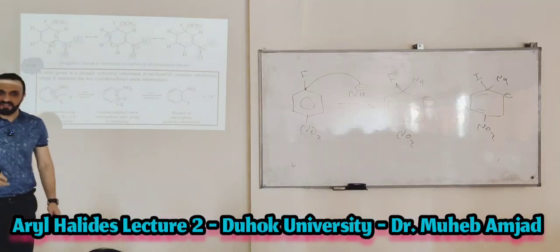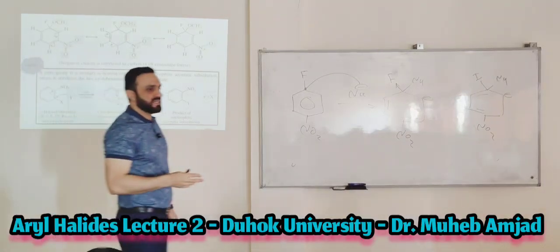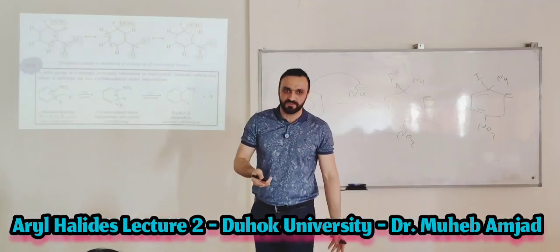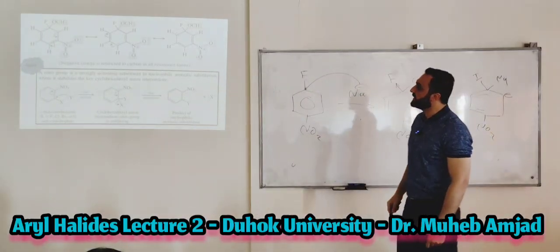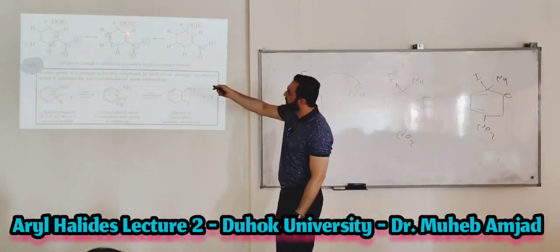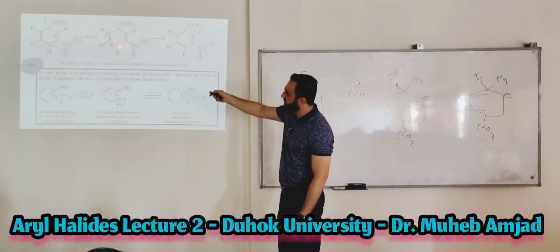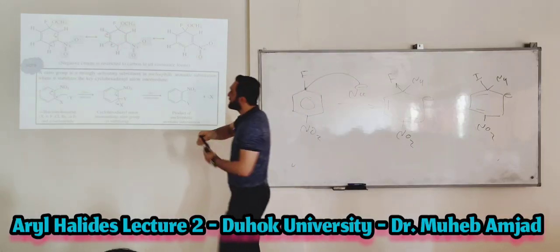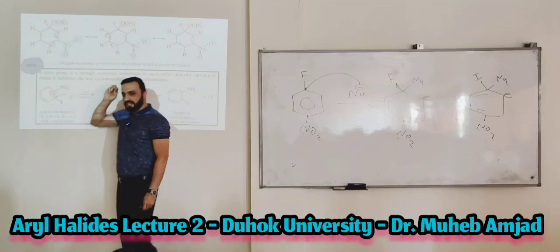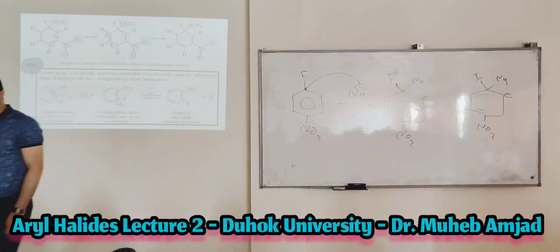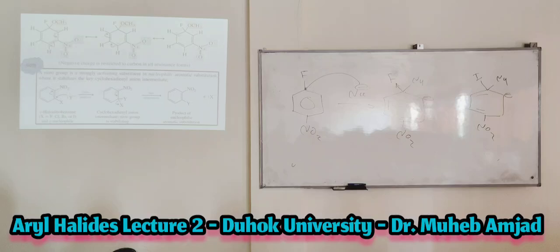Why? Because in meta, there is no resonance with the NO2. And it gives you just a negative on this carbon, this carbon, and this carbon. What are these positions? Ortho position and para position. The negative charge will be on the ortho and para positions. There is no negative on the meta position.